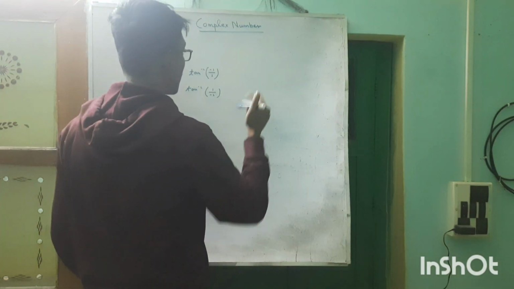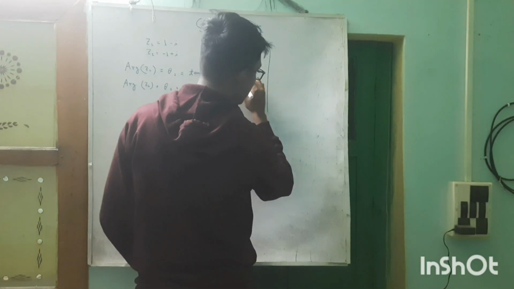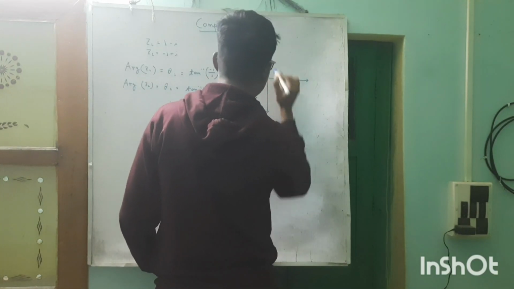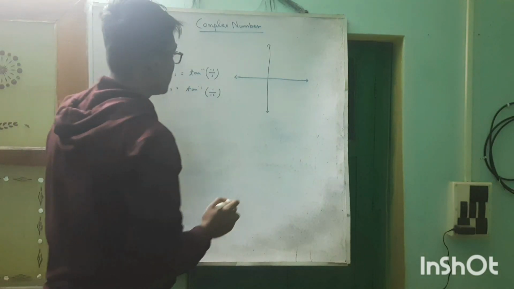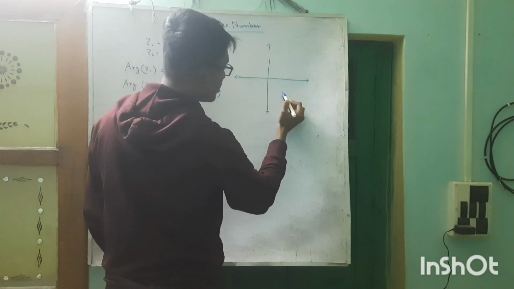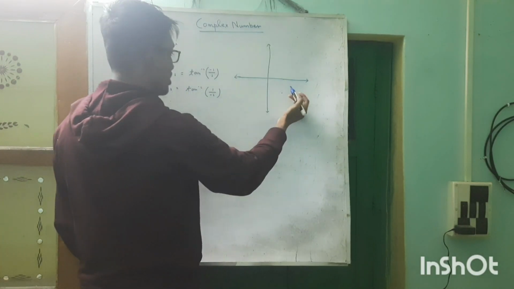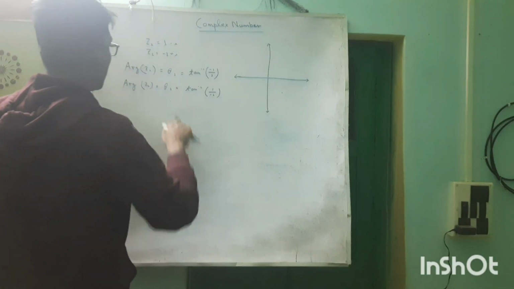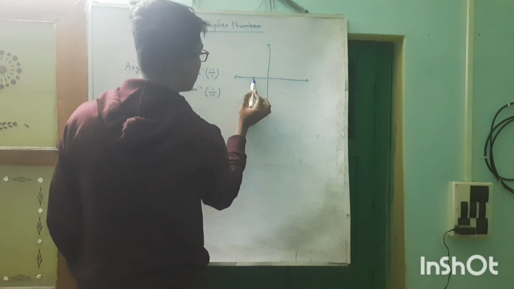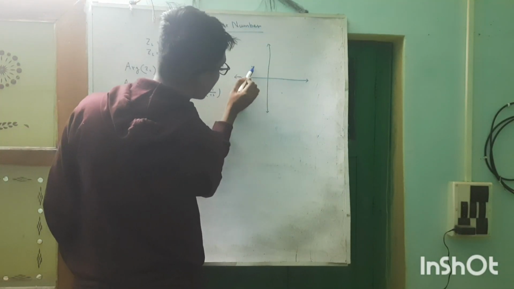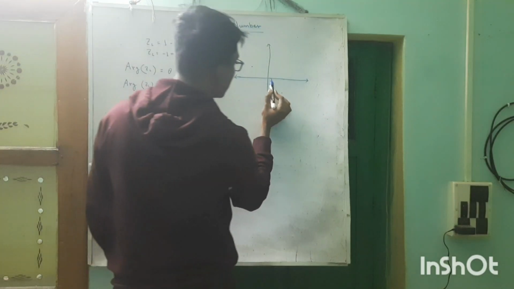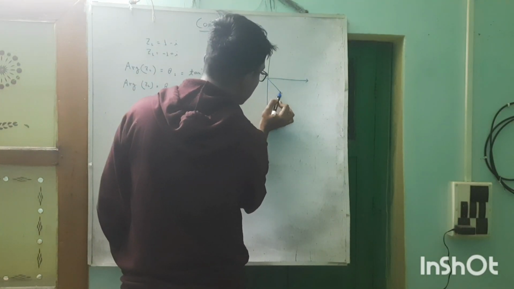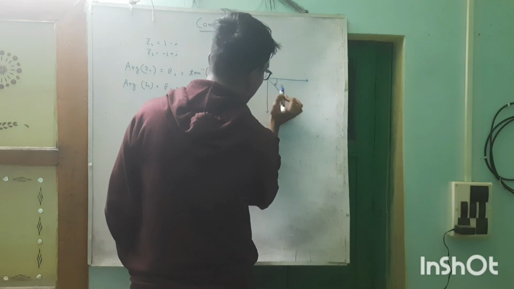So let's see. So z1 is equal to 1 comma minus 1. So that is present here. This is z1, this is 1 comma minus 1, and z2 is minus 1 comma 1. Okay, so what about the argument of z1? The argument of z1 is minus 45 degrees.